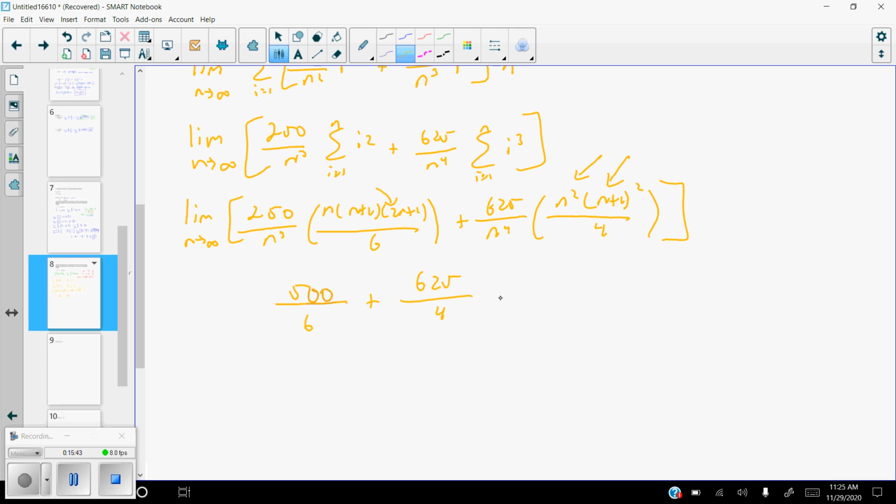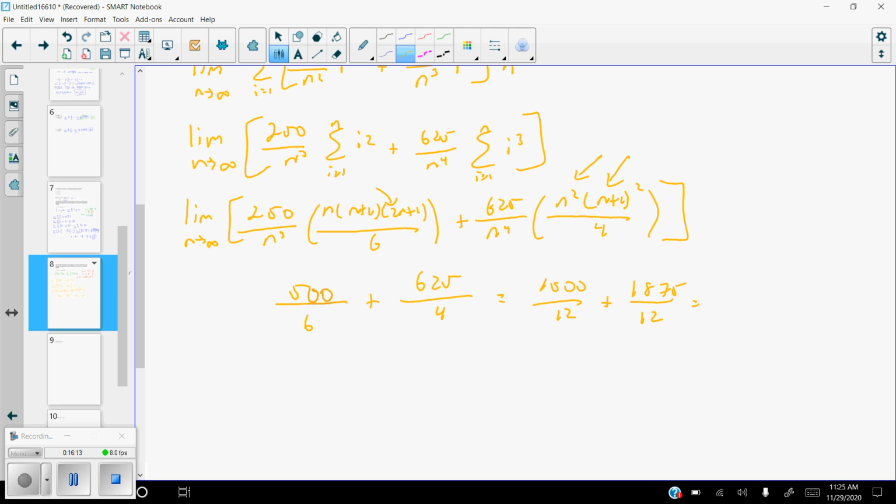All right, let's reduce that stuff just a little bit here. Actually, no, let's not reduce it. Let's just change it all into 12ths, because even reducing it's not going to help. So change everything into 12ths. That means I multiply the first one by 2 over 2. So it's 1,000 over 12 plus, multiplying 625 times 3 is going to give us 1875, I believe.